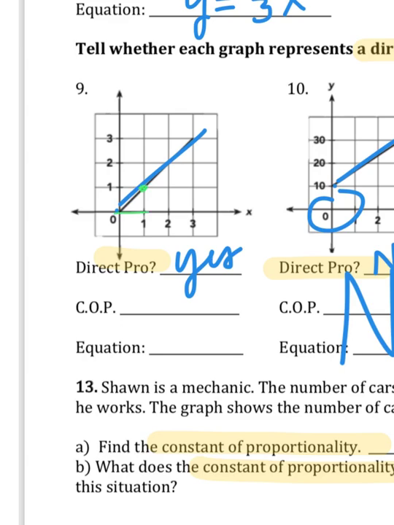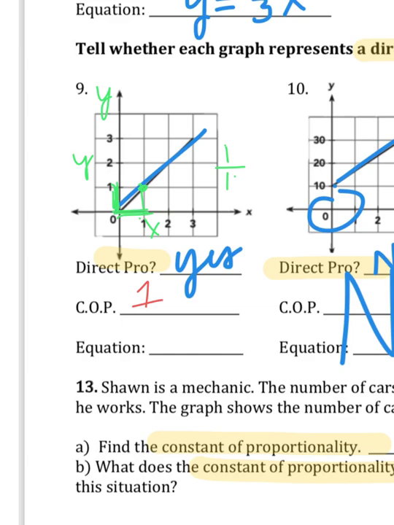And this is at 1 and 1. Okay? So y is 1, and here the x-axis is 1. Remember, this side is y. This is x. So 1/1 is 1. So the constant of proportionality is 1.